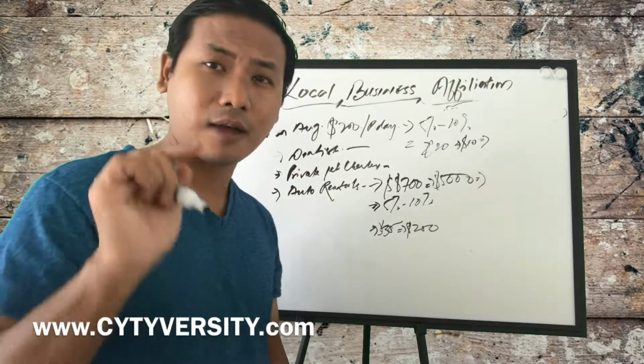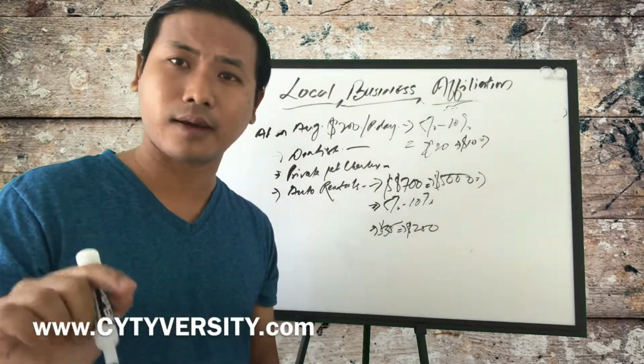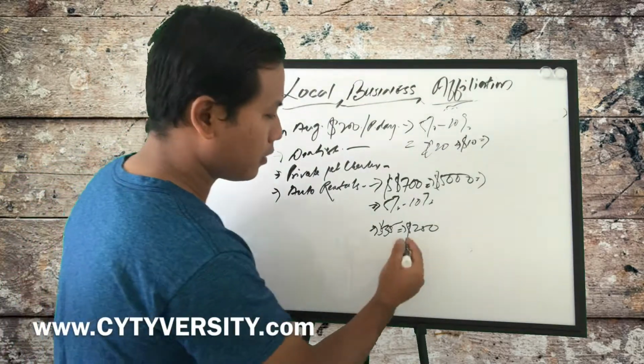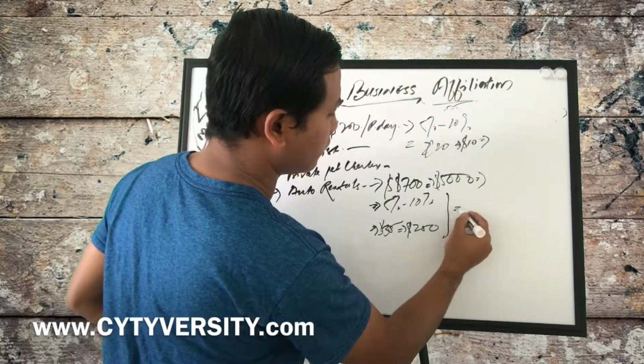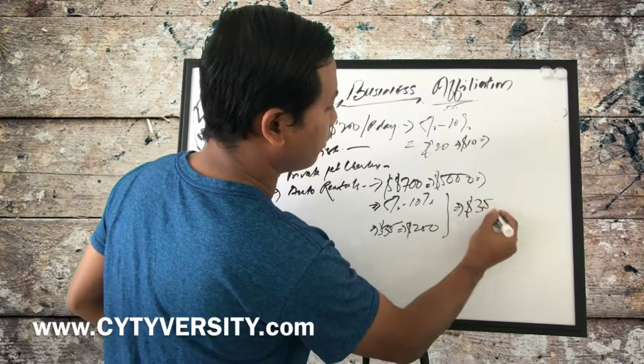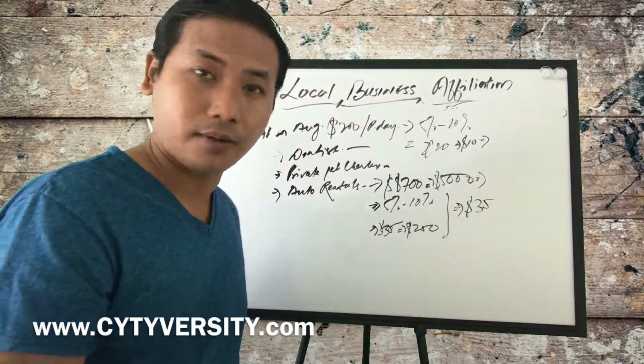So per affiliate, per market, per business, per transaction, your average stands at $1.35, which is really good, right?